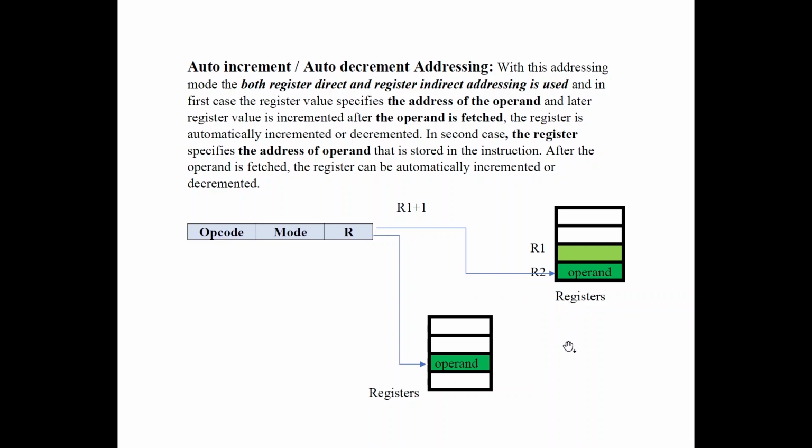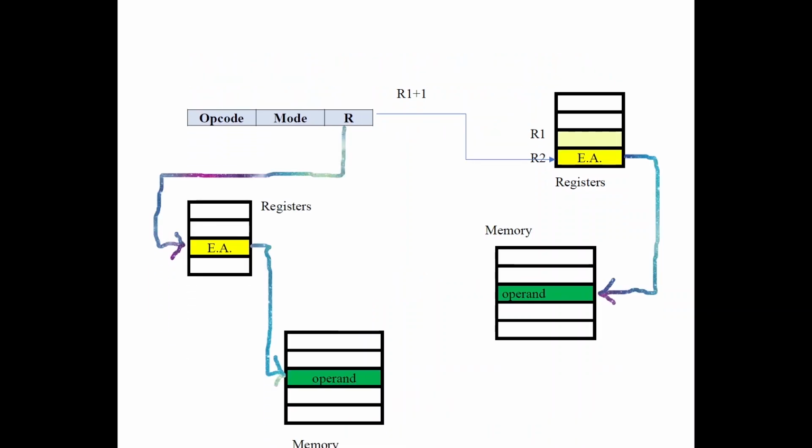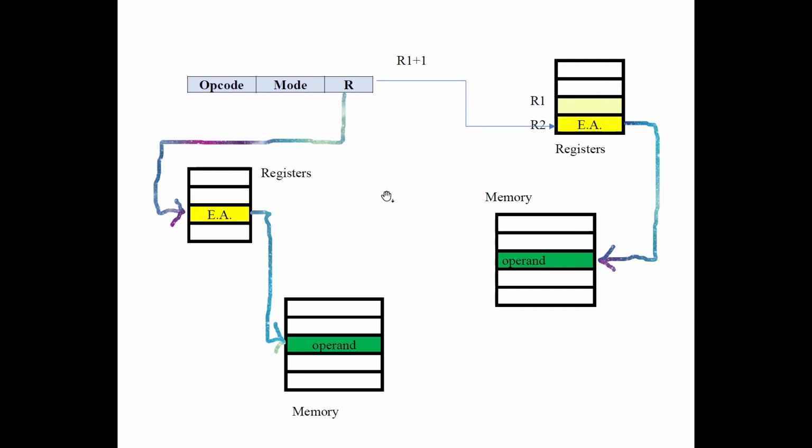So this is for auto increment with direct addressing, and the next one is auto increment with indirect addressing. Up to here it is similar to indirect addressing mode, but again we are incrementing the value of the register, and then we are getting the effective address from the register, and again the register is pointing to the operand in the memory location.